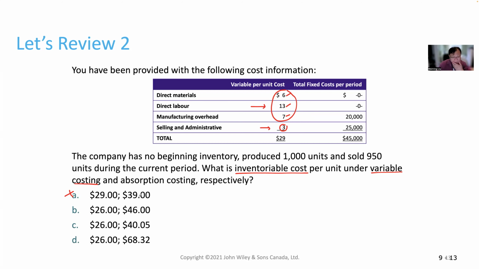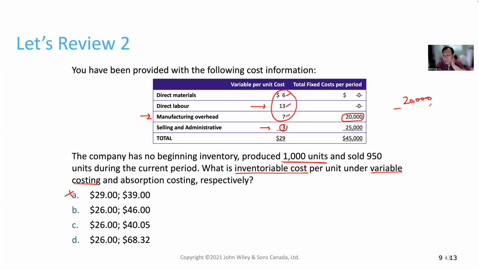So what's the cost under absorption costing? Under absorption costing, you have to include fixed manufacturing overhead as your product cost. How many units of production? So there's 1,000 units of production. My fixed overhead cost is 20,000.